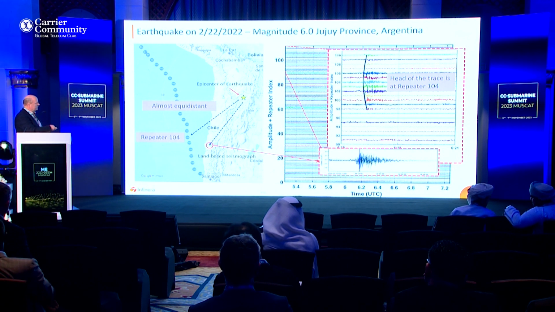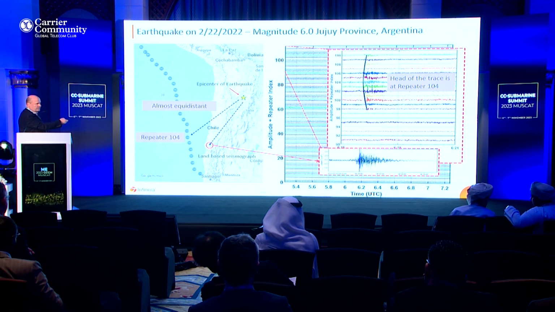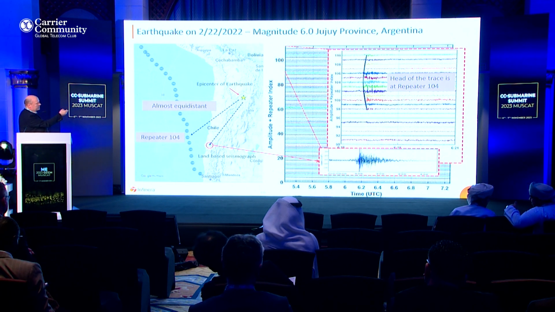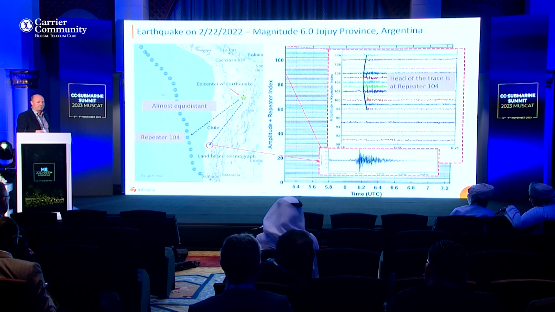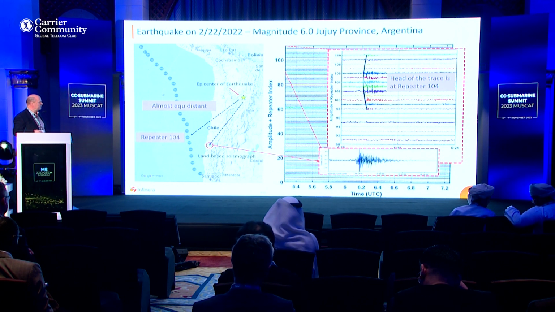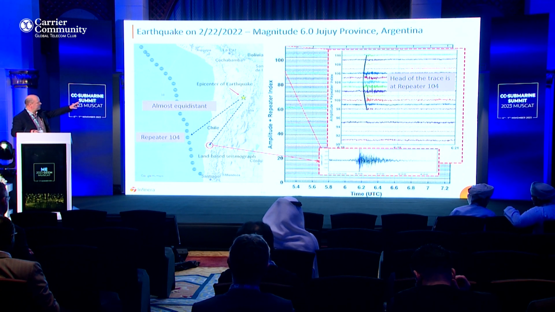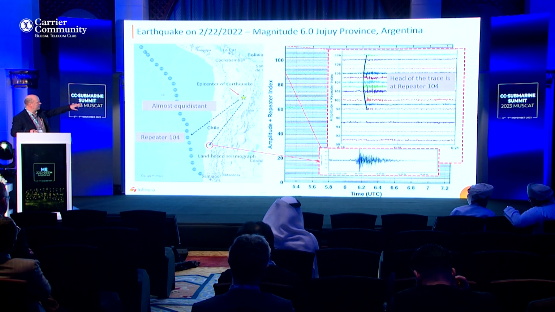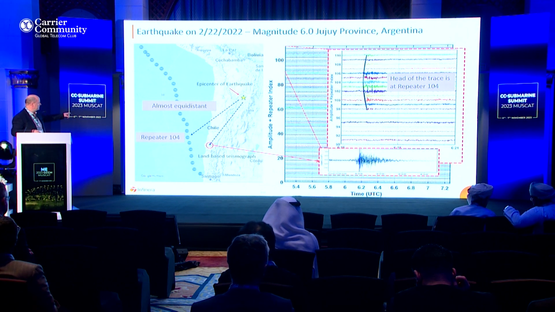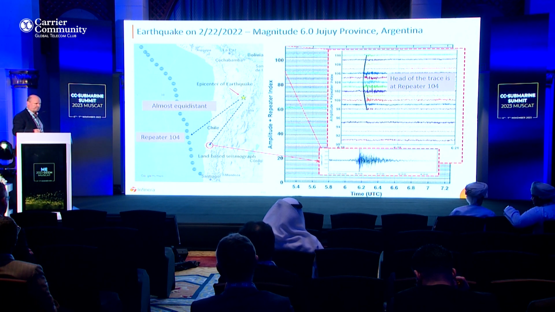And again, the actual seismic sensor really ties up well with the sensing from the repeaters, from 98 to 110. But again, 104 is the one that has detected it with the highest magnitude.